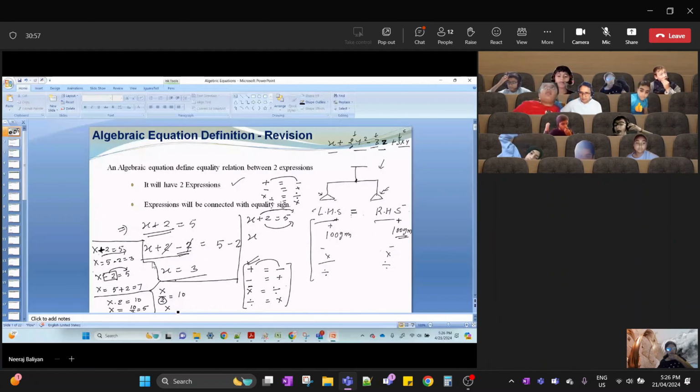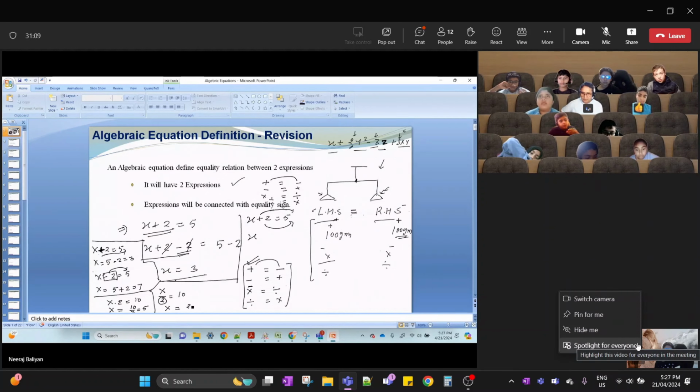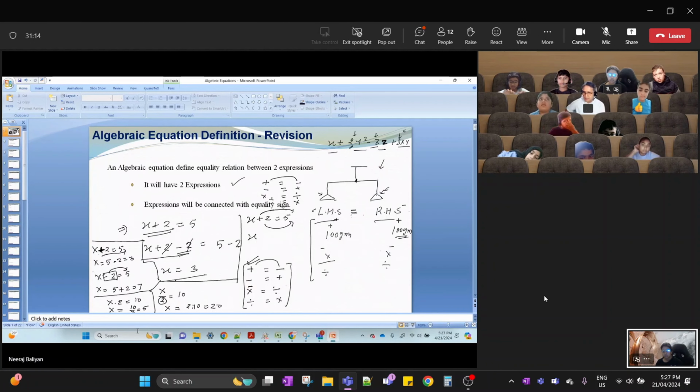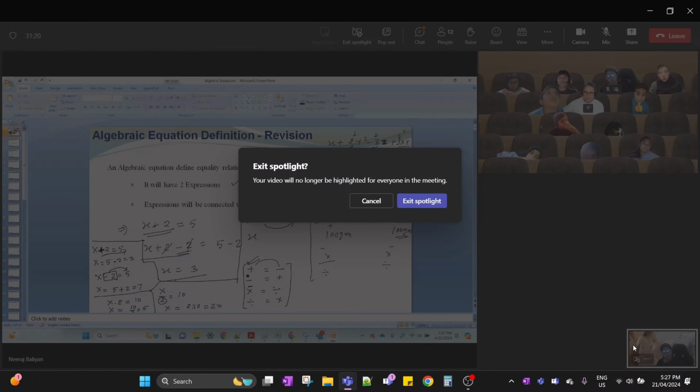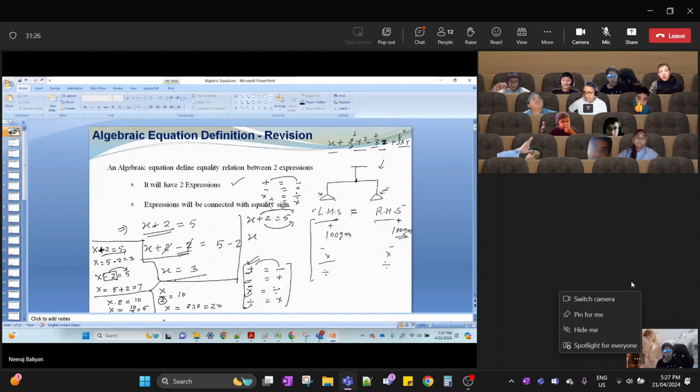So what will be on the right hand side? 2 times, the multiplication symbol, is equal to 20. So x is equal to 20. So what we did, we practiced all four operations: the plus sign, minus sign, multiplication sign, and division sign.